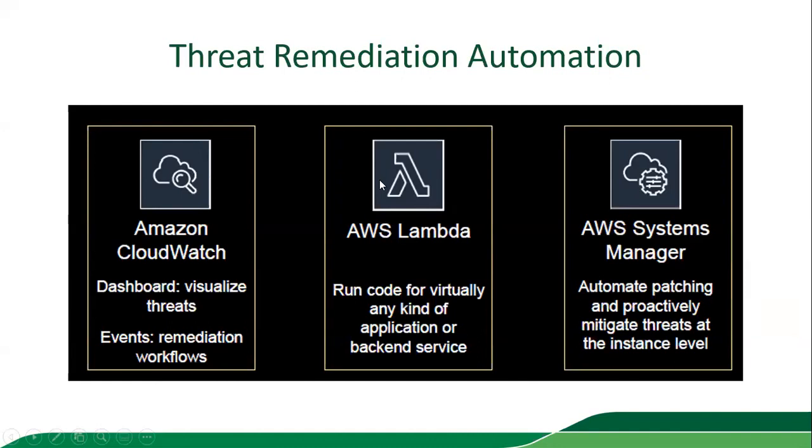If you're comfortable in, let's say, Node.js or PHP, you can write a function to take a particular action. And then you have Systems Manager, which can automate a lot of activities for your EC2 instances, like patching, and proactively mitigate threats at the instance level.